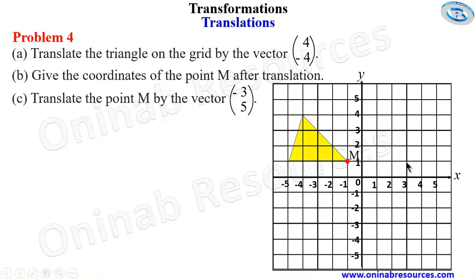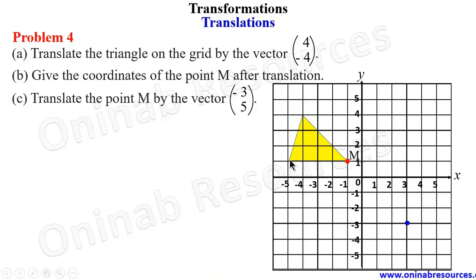The horizontal movement is 4 units to the right and also 4 units downward since it is negative 4. So we have 1, 2, 3, 4. So we have this point M moving to this point after translation by the translation vector 4, negative 4.